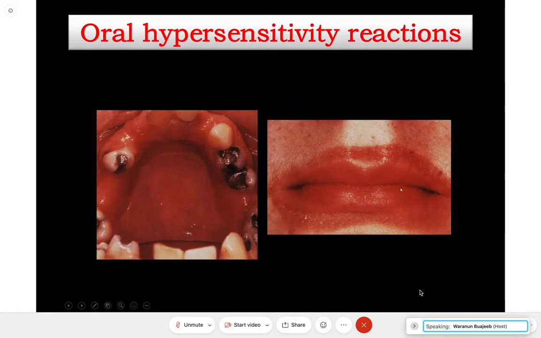So you need to ask whether any of these things were changed recently. And also here, it's not denture stomatitis because of candidal infection or trauma, but because of allergy to chrome cobalt, which can cause erythema at the denture-bearing area.